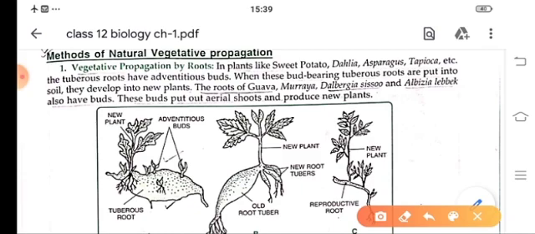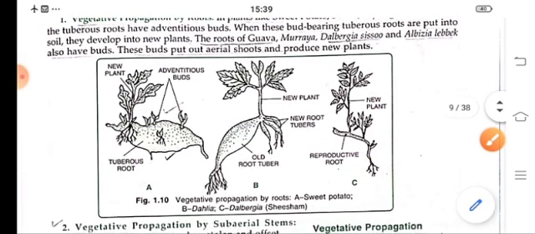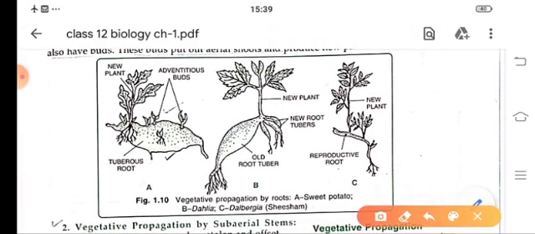As you see in this diagram, children, these are the tuberous roots of sweet potato, dahlia and dalbergia. See here, and these tuberous roots, their main function is to store the food, because new plants are coming out from these roots. That is why they store food, and from these new plants arise.